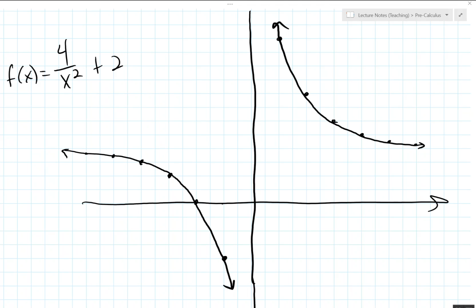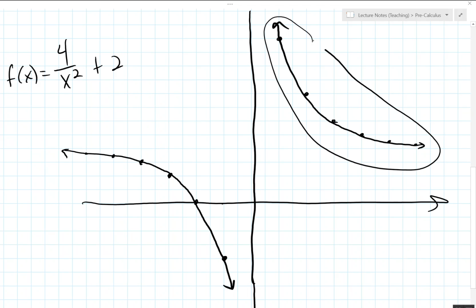So what we're going to do is pick this branch. And basically what's going to happen is when we find an inverse, this square is going to give us a plus or minus. This is going to give us the positive branch, and this should give us the negative branch down here. So we want just the inverse that gives us the positive branch. And that's typical when we're dealing with stuff like square roots, for example. So what is our domain restriction?